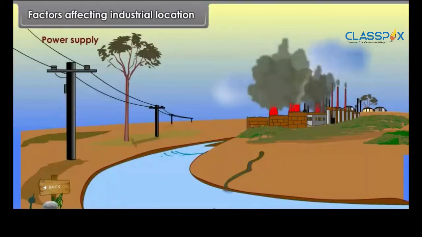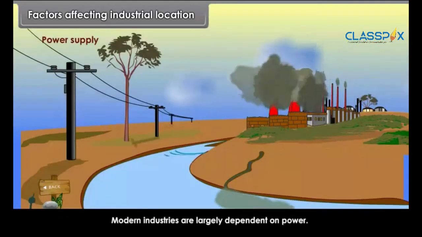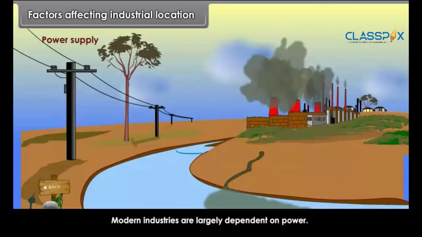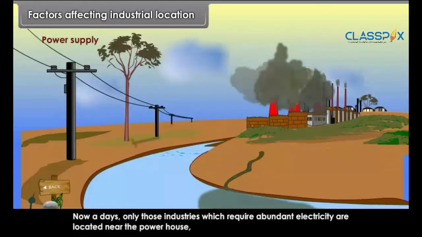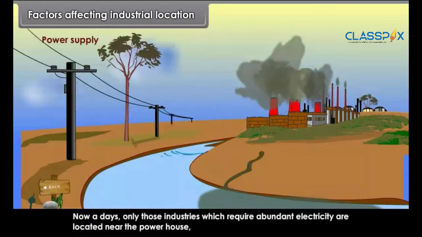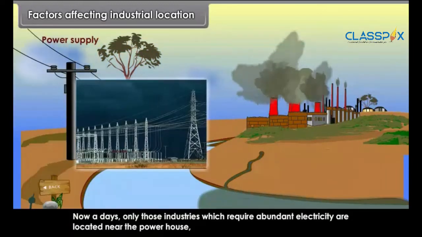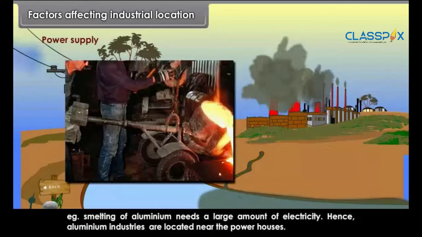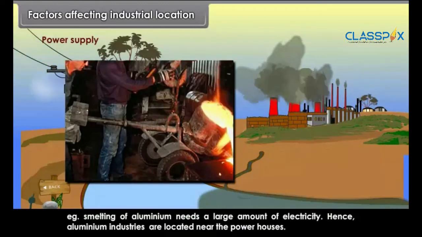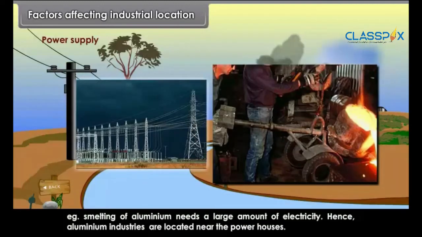Power supply. Modern industries are largely dependent on power. Nowadays, only those industries which require abundant electricity are located near the powerhouse. Example, smelting of aluminium needs a large amount of electricity. Hence, aluminium industries are located near the powerhouses.